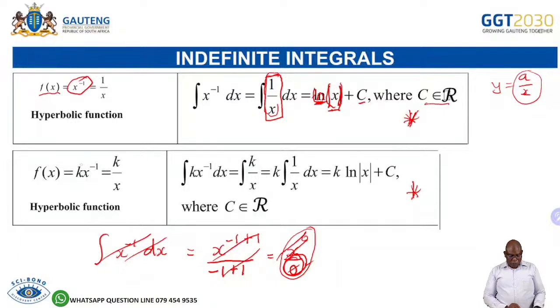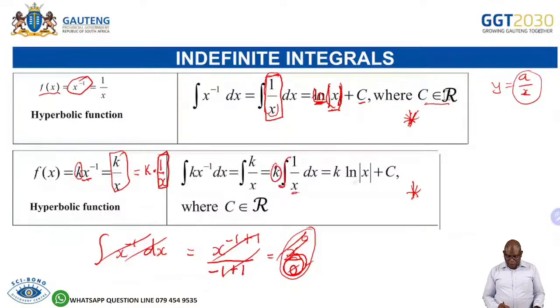If I've got a value of k there, multiplying with x to the power 1, this is the same as k over this. So I can write this one as k multiplied by 1 over x. Obviously, that will be ln of x. So you can see the k can also be taken to the front of the integral sign.